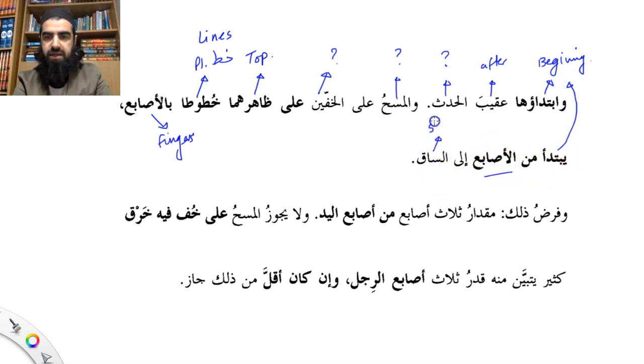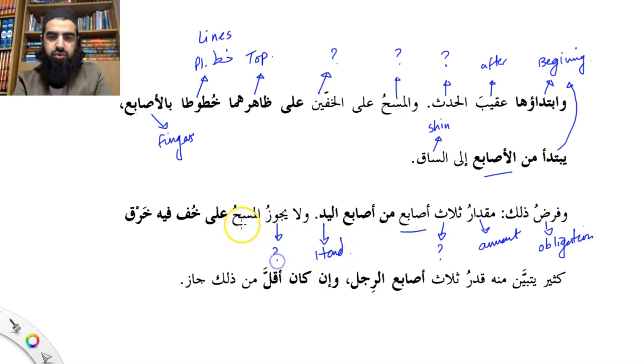Asabi, we did that. Saq means shin, so the shin of the leg. Fard means obligation. Miqdar means amount. Thalath, should know that. Asabi, we did that. Yad is hand. Masah, should know that. Yajuzu as well. Khuf, leather sock. Kharq is a tear or a rip.